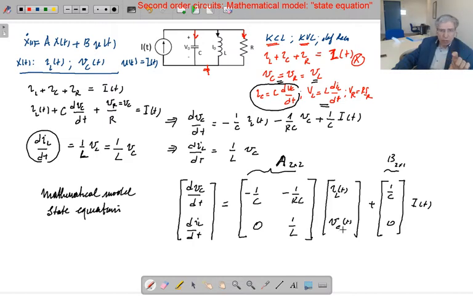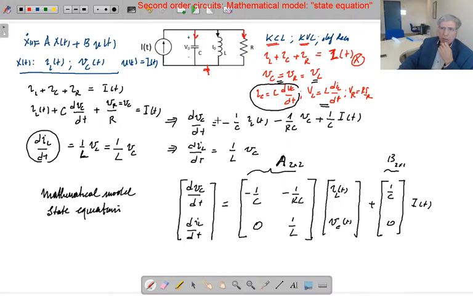Once we have calculated those two state variables, we can calculate all the element currents and voltages for the given circuit. That means you can finish the analysis in the second step. You need 2 steps to do the total analysis.